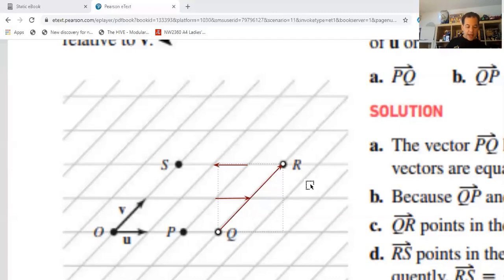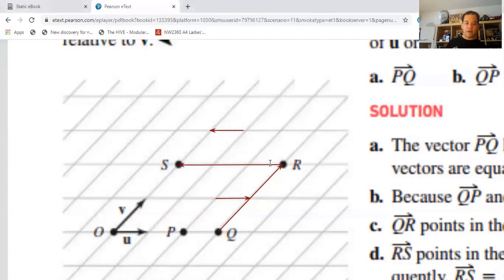And then last one here, we're asked to calculate RS. So let me move this one out of the way. Put it over here, and then let's calculate RS. So we're gonna draw another one, and we start at R, and we go all the way to S. All right.